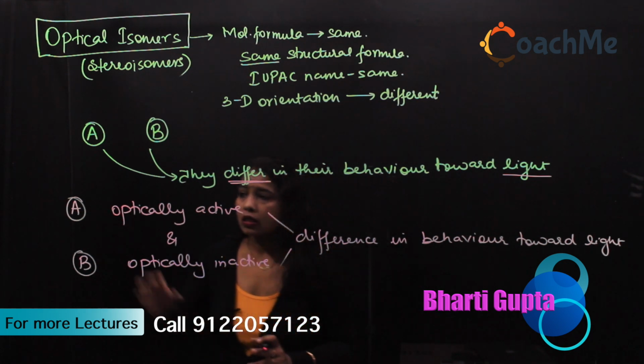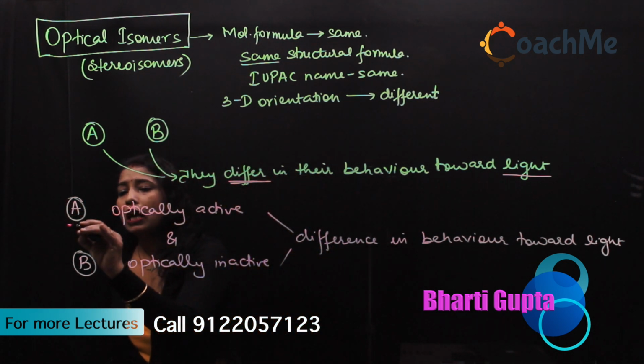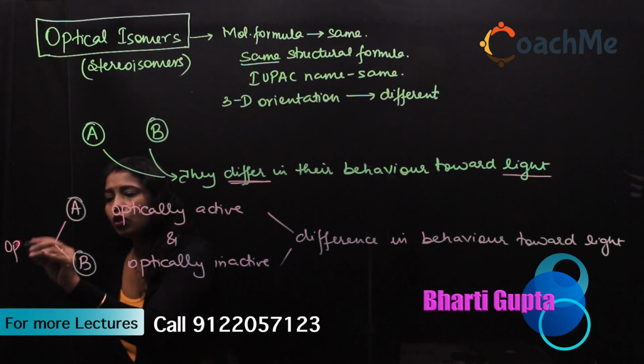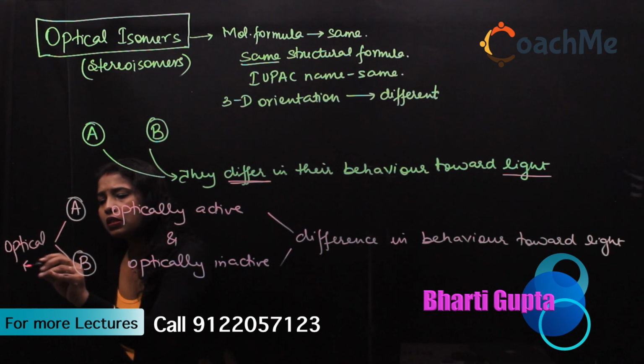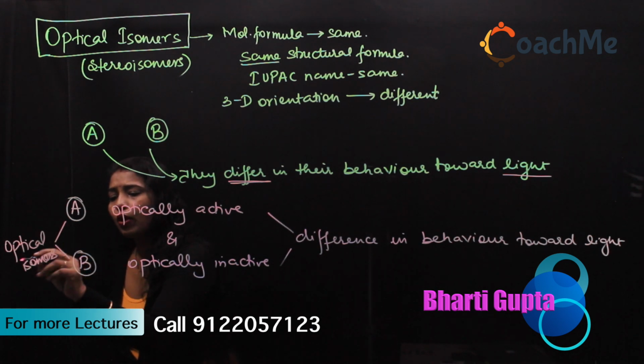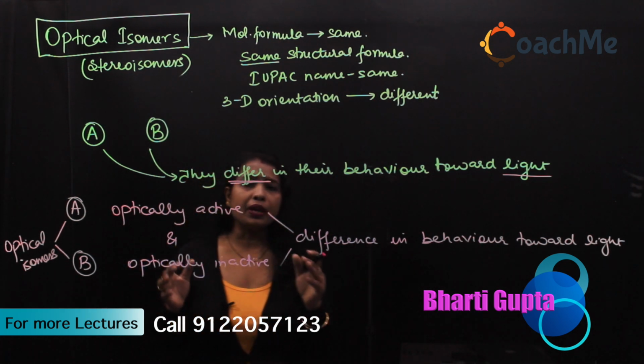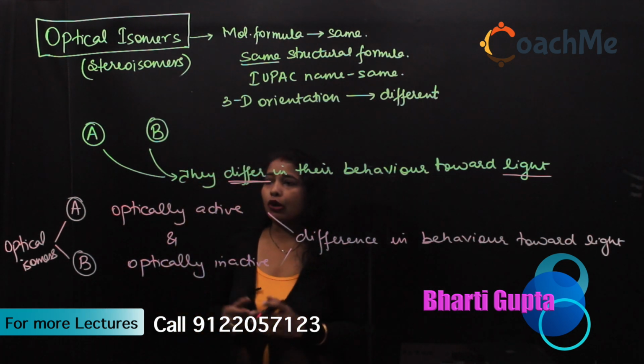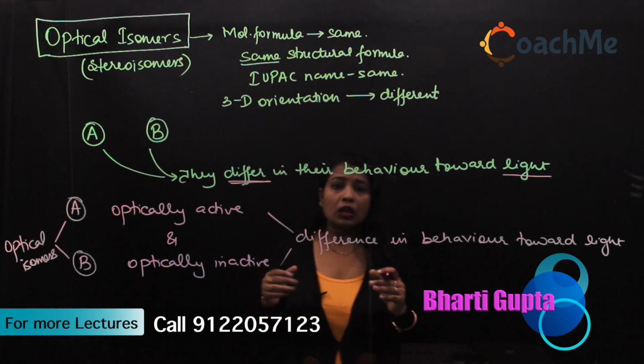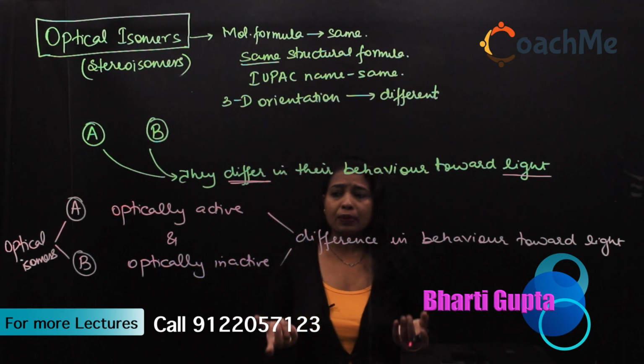It clearly means these two compounds are optical isomers. So optical isomers simply means stereoisomers having different behavior towards light. What is the difference in behavior?